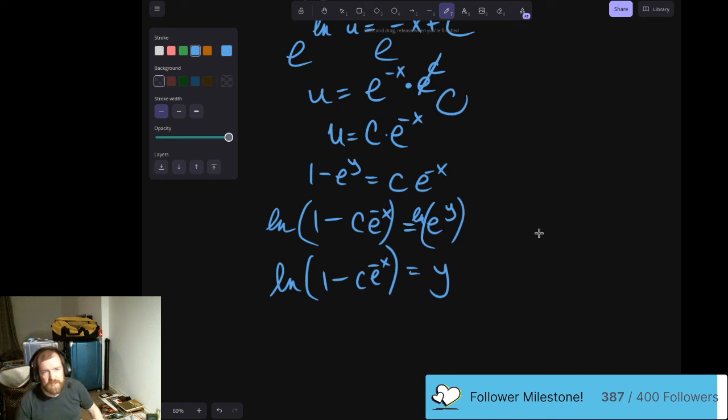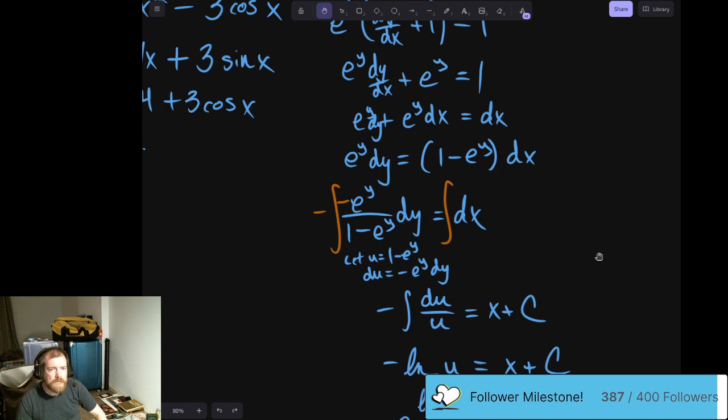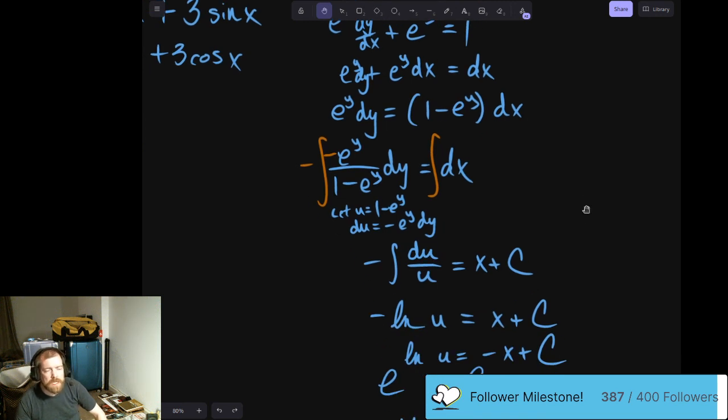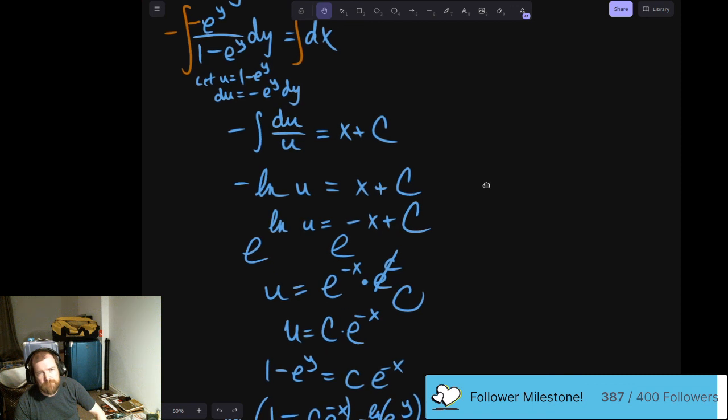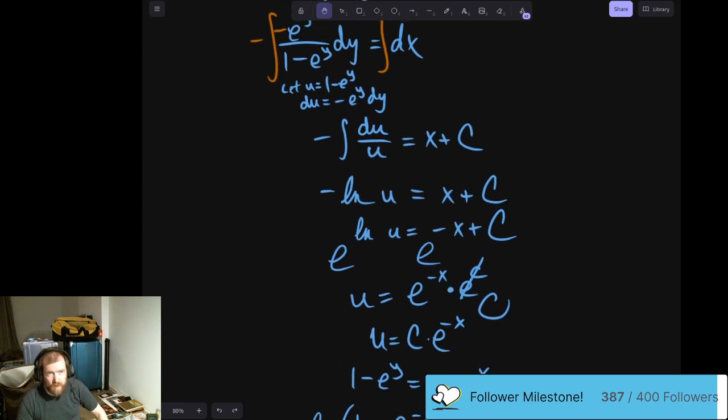Remembering, of course, that this is not actually the solution, I think. In theory, does that natural log stuff make this any better? Probably not, but u is equal to 1 minus e to the y.